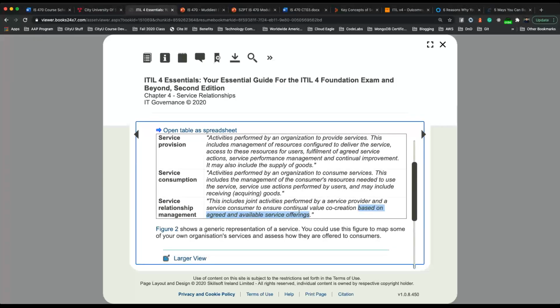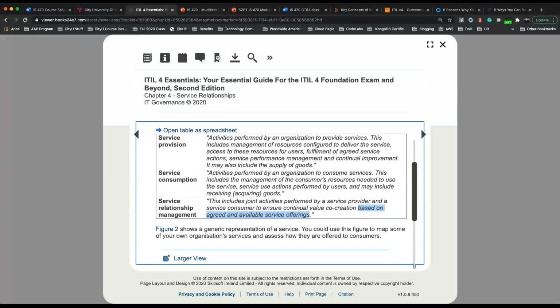And why do we keep saying co-creation? The consumer has its own behavior and activities on how to use the service. And if they have a relationship with the service provider, the provider can know what the customer wants.